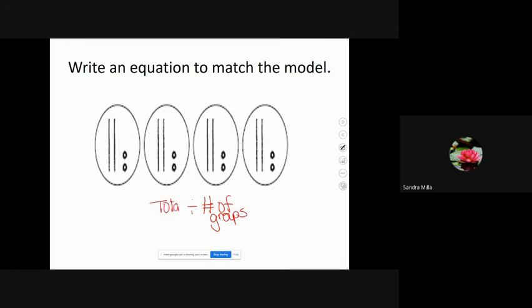I think it's easier to look at the number of groups. That's why I wrote it first. But we should be writing the total first, and then the amount in each group. I think the last two are the easiest because you just count.